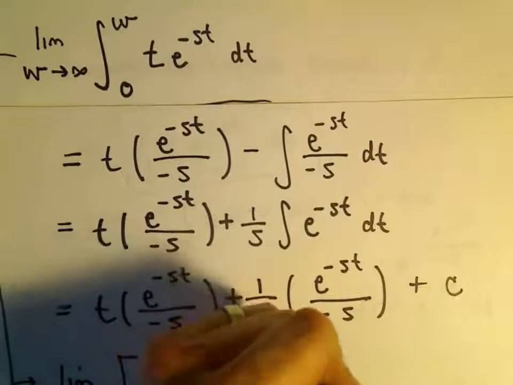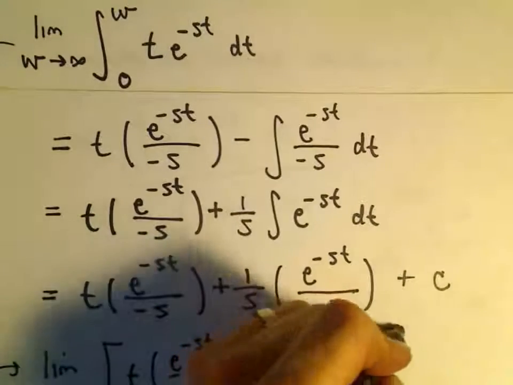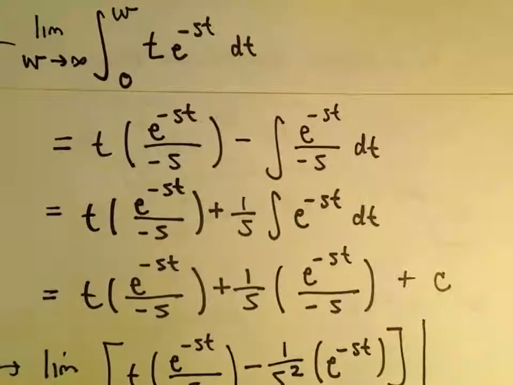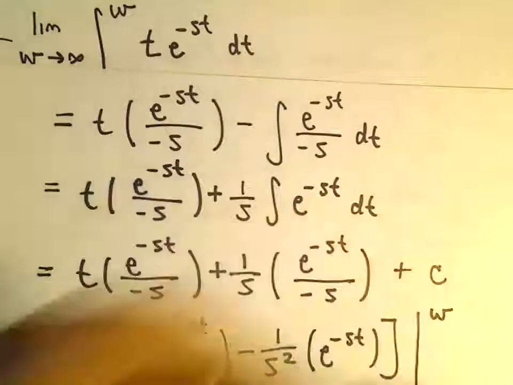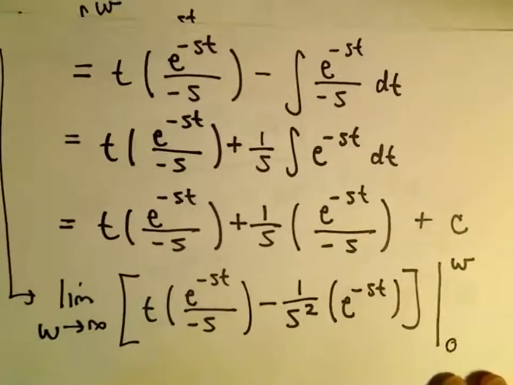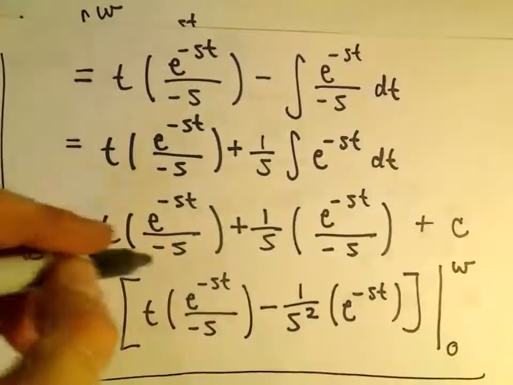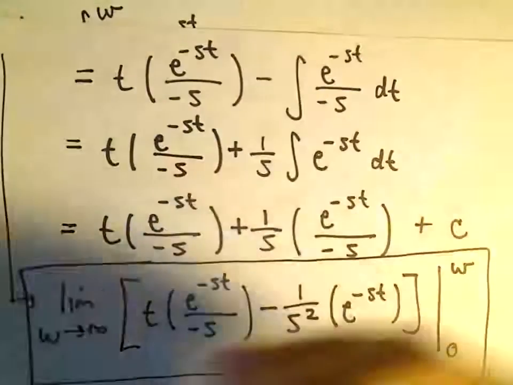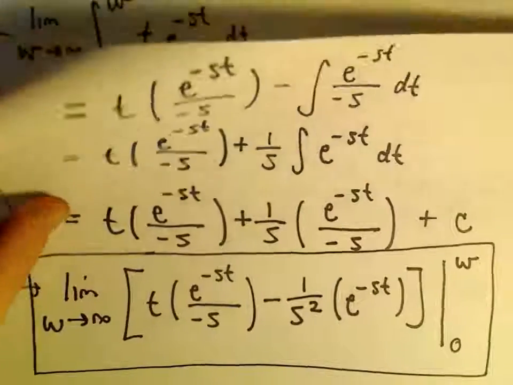And then we have e to the negative st still left over. Our limits of integration we said were 0 to w. So now this is what we're trying to compute a value for. Nothing terrible, just using the definition and a little integration by parts.